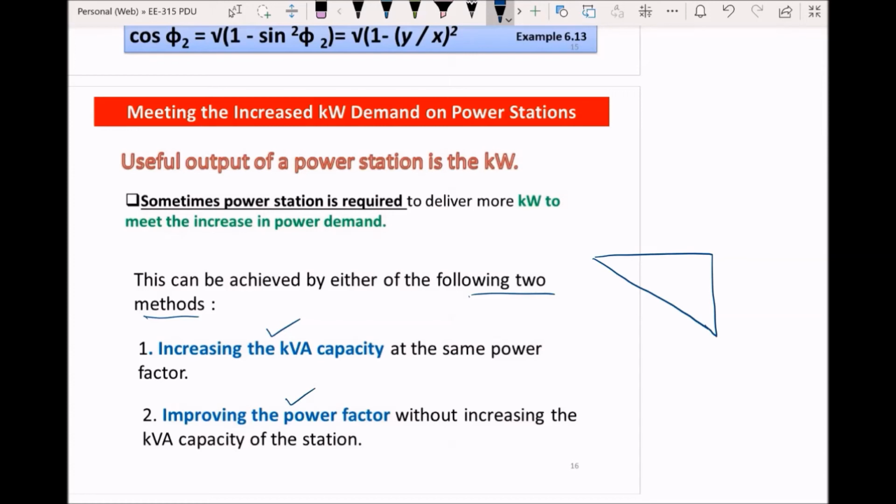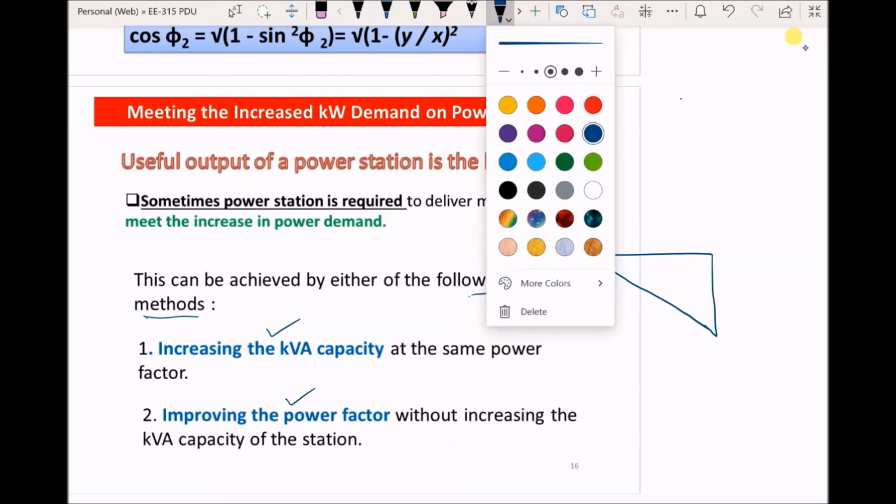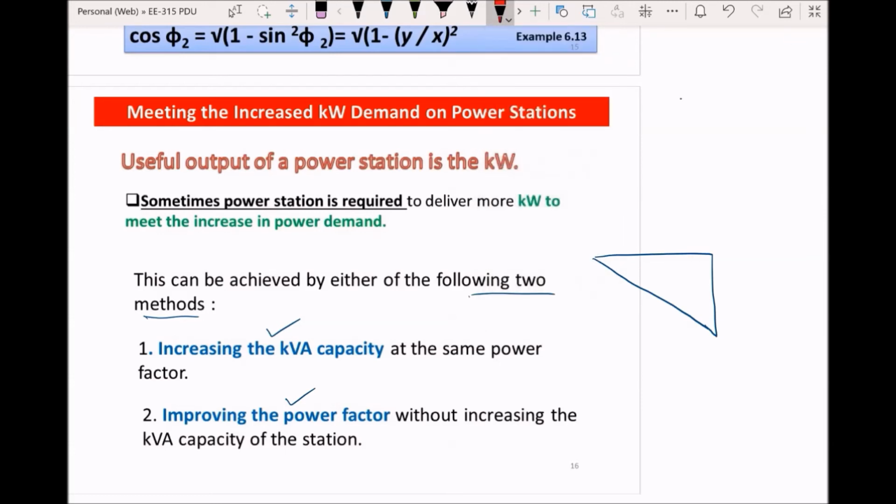The first method is to increase the kVA capacity. So if the kVA capacity is increased, then this extra demand can be satisfied.